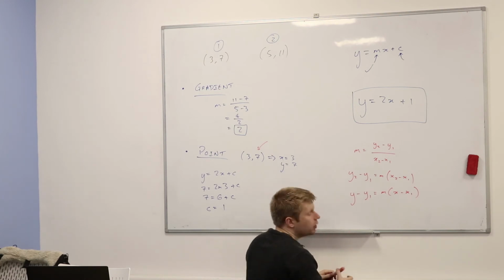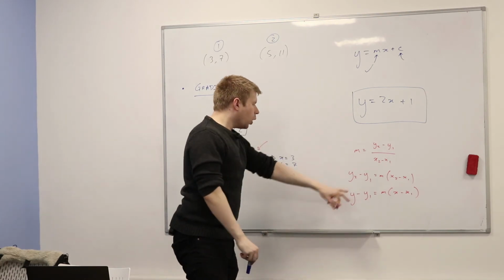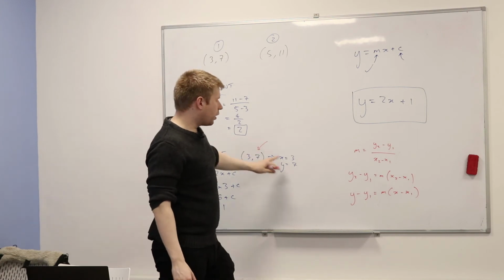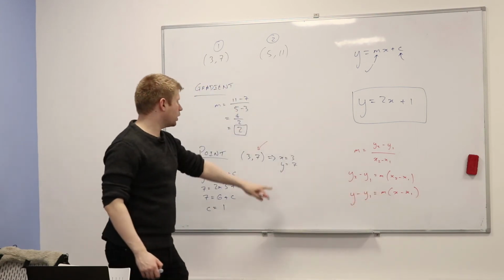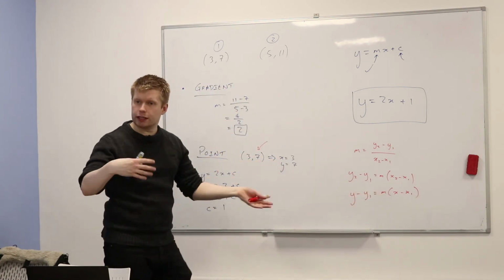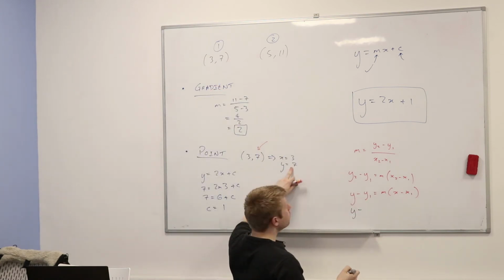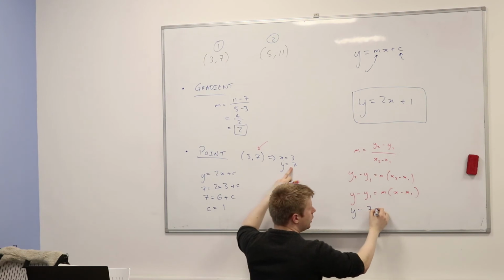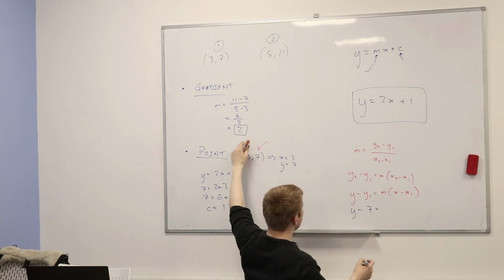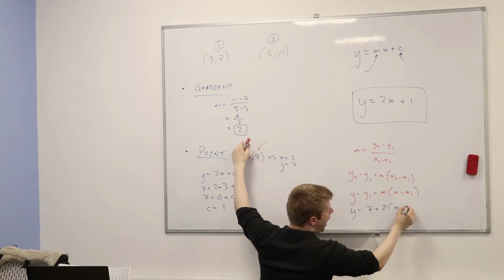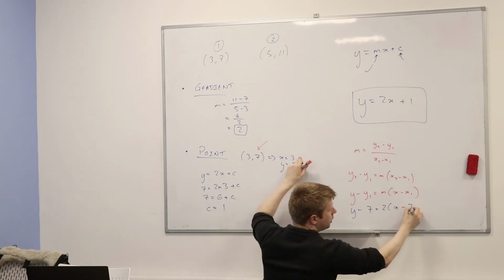Okay? Now that there will be an equivalent way of working with this. Let me show you. So I know then that my gradient is 2, and I know that my coordinates are going to be 3 and 7. So I can use exactly the same formula. So I say, right, y take away y1, which is 7, equals m, which is 2, times x take away x1, which is 3. Okay?